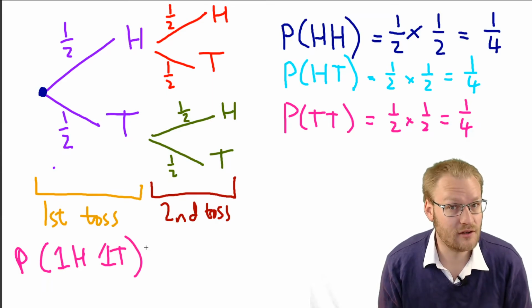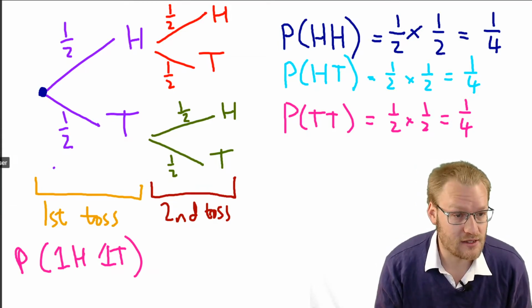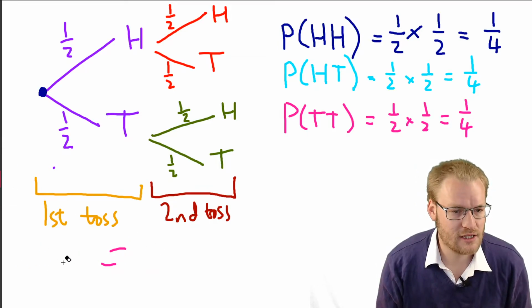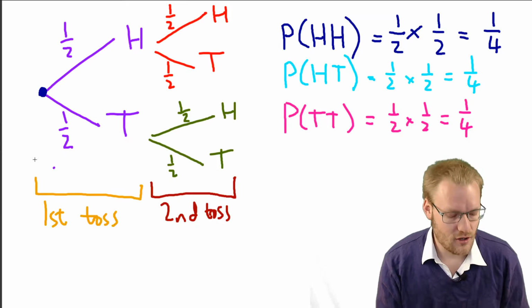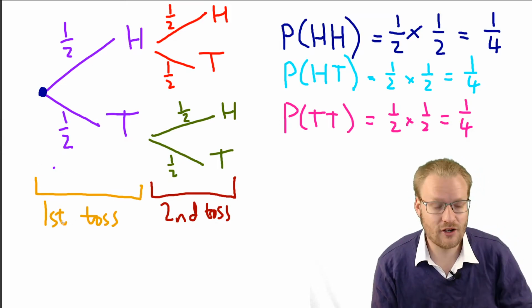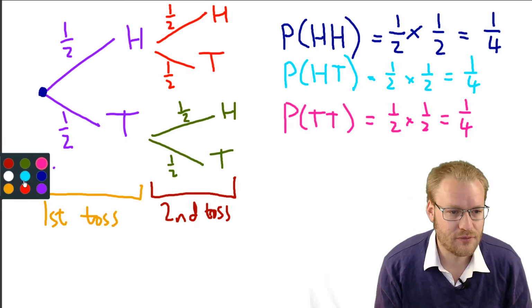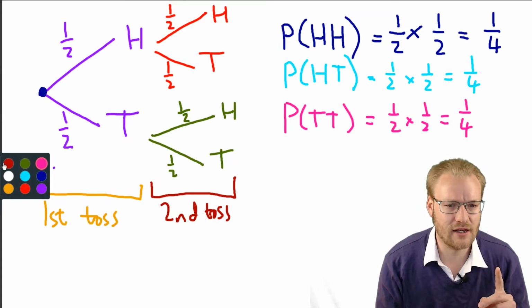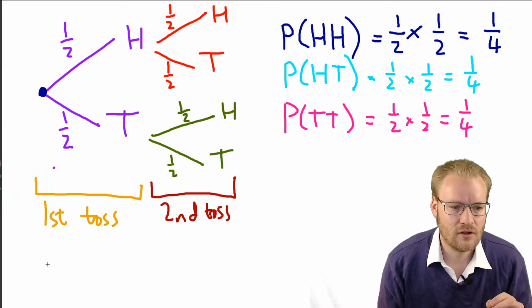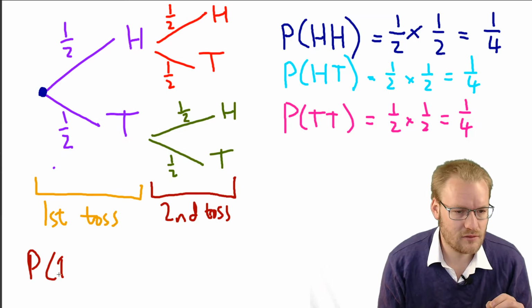Doesn't matter the order that we're doing it in. It just means that when we've taken note at the end of our two tosses, what's the probability that we've got one head and one tail?